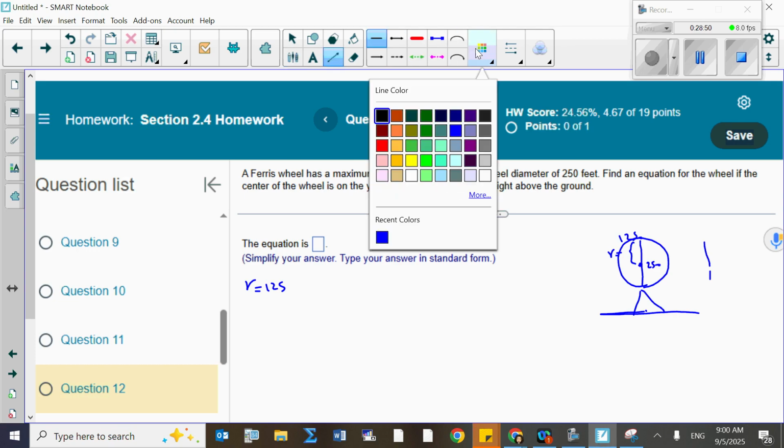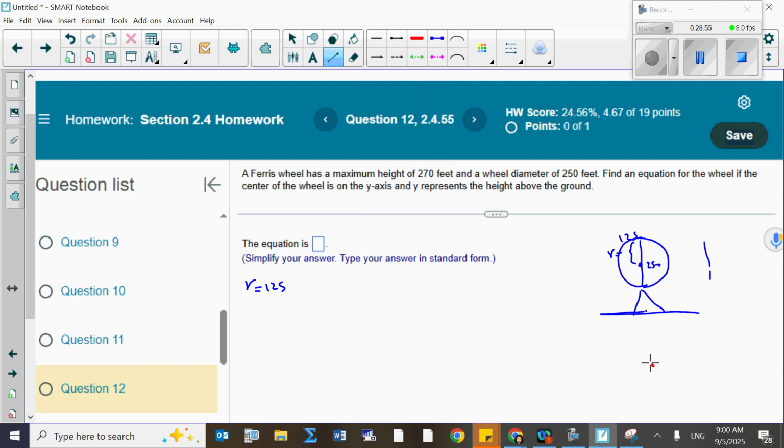So I'm going to draw the y-axis here for you. If the center is on the y-axis, it's going to look like this. And the x-axis is on the ground.